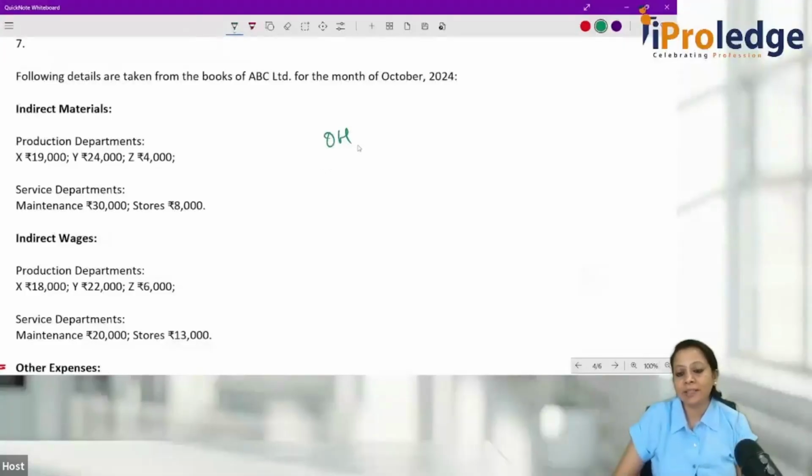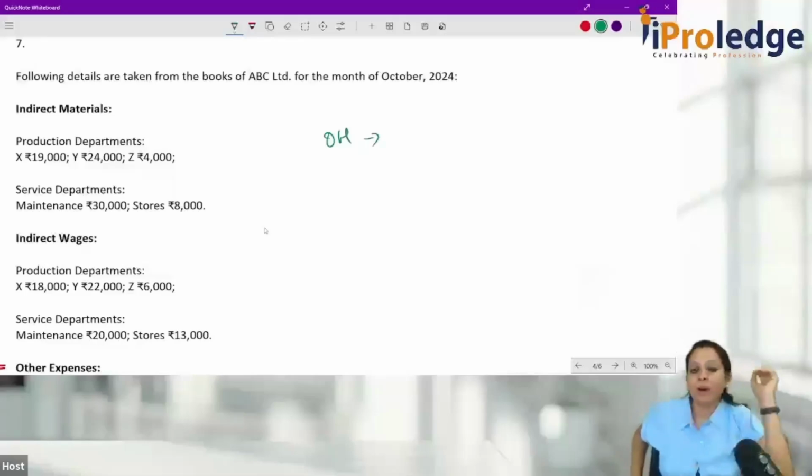In overheads, the different types, step ladder approach, repetitive distribution, simultaneous equation, like that, we are having many. Simultaneous equation is very frequently tested in the exam. Definitely one 7 mark question can be expected. Either simultaneous equation or normal service department redistribution, anything is okay. As far as I did overheads in regular class, all batches have found it very easy only, right?